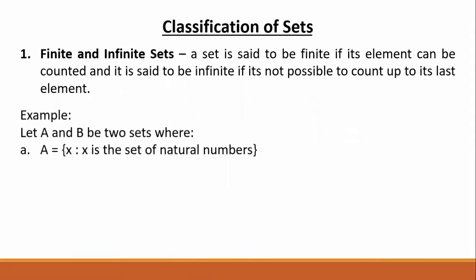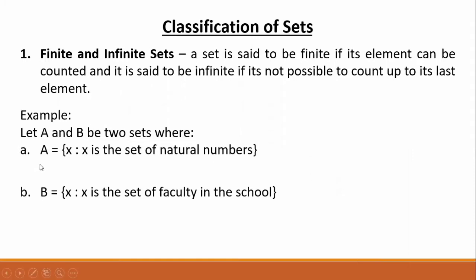Let A and B be two sets where A is equal to the set containing x such that x is a natural number. B is equal to the set containing x such that x is a faculty member in the school. Try to observe set A. So what are the natural numbers?